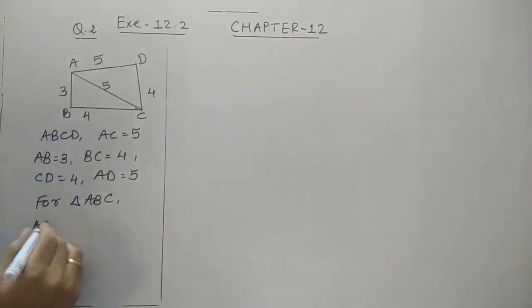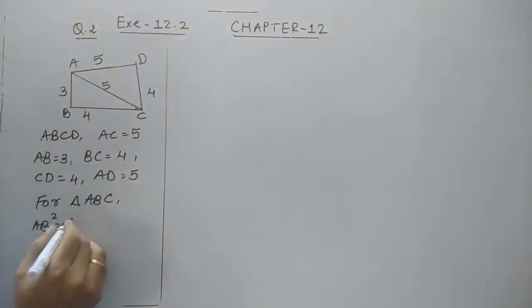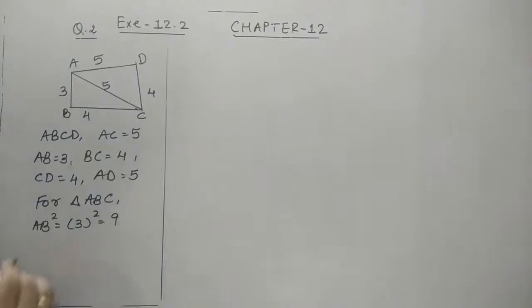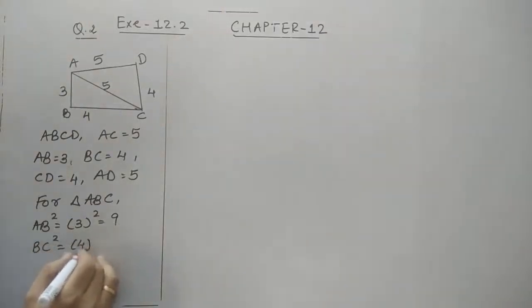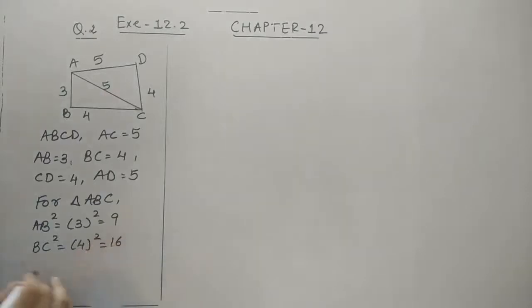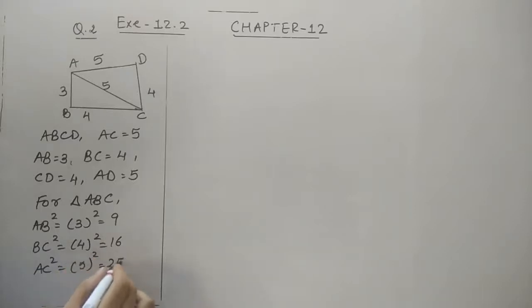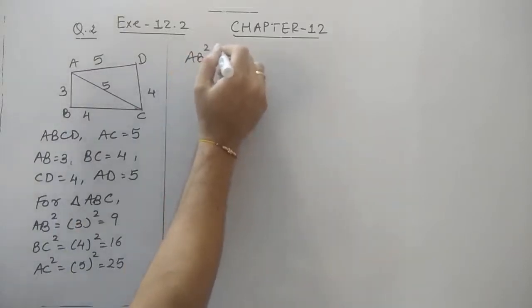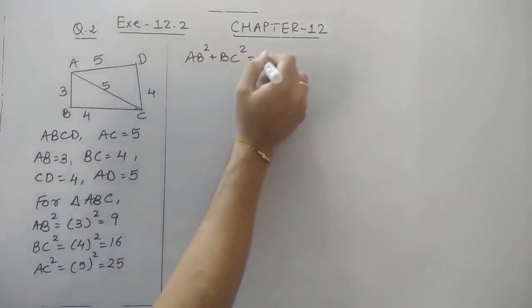I'll do the square of these. AB square, that is the square of 3. Why I am doing this, I'll explain after completing this. BC is given 4, the square of BC is 16, and AC is 5, the square of AC is 25. So you can see that if I do the sum of AB square and BC square, that is equal to AC square.